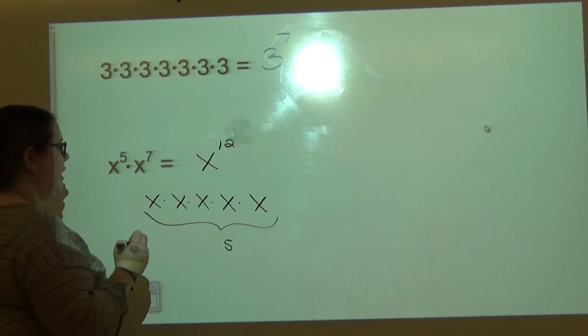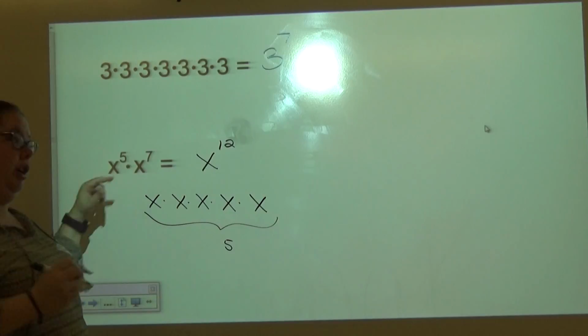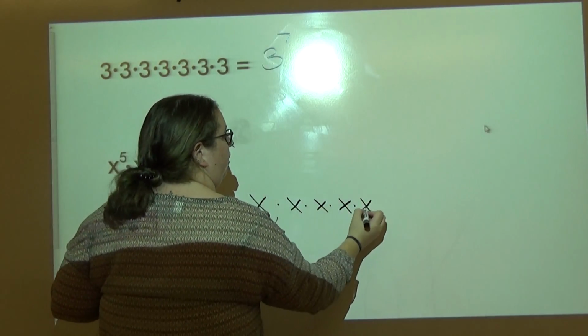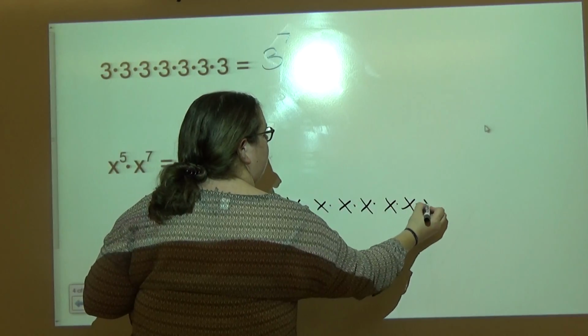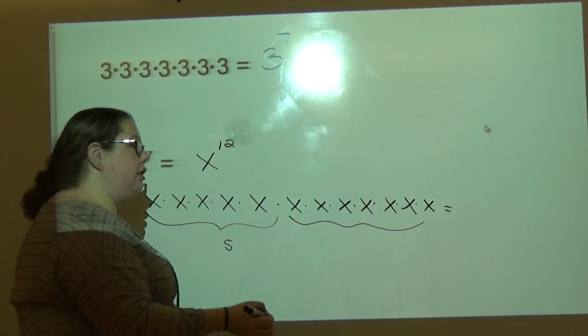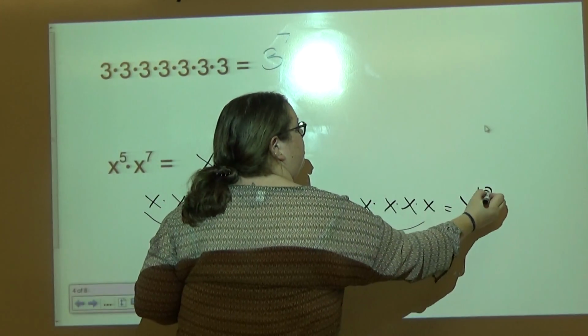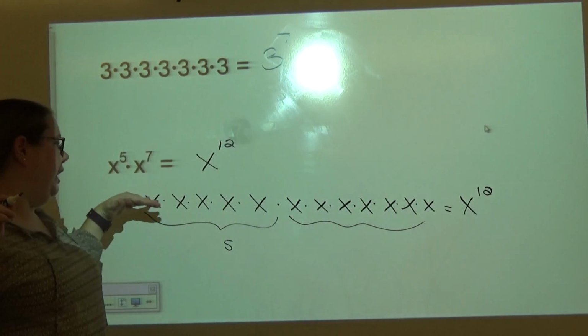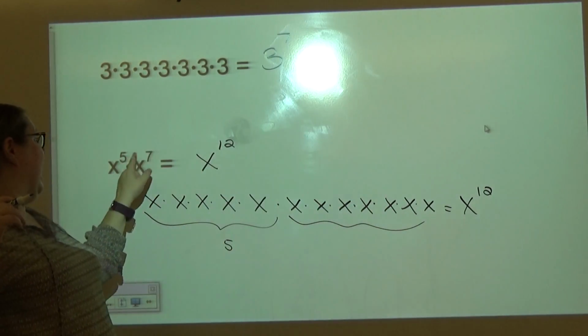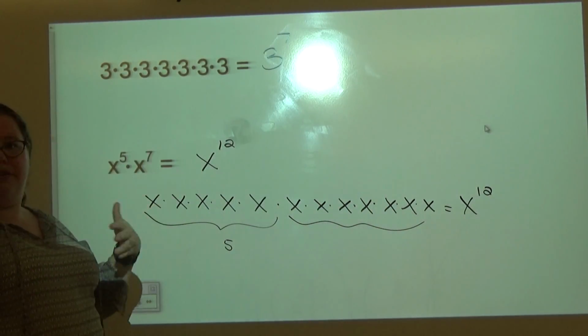There's 5 of those. And then 7 more. 1, 2, 3, 4, 5, 6, 7. So altogether, how many x's are being multiplied? 12 of them. So when we have repeated multiplication, we have exponents and we can just add them together. Makes life a lot faster.